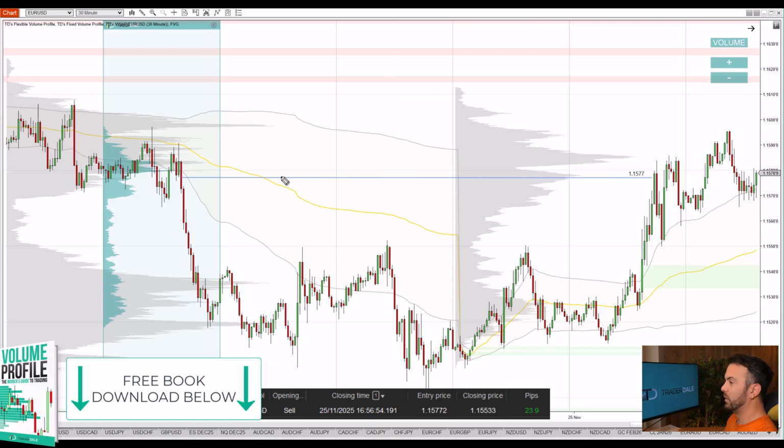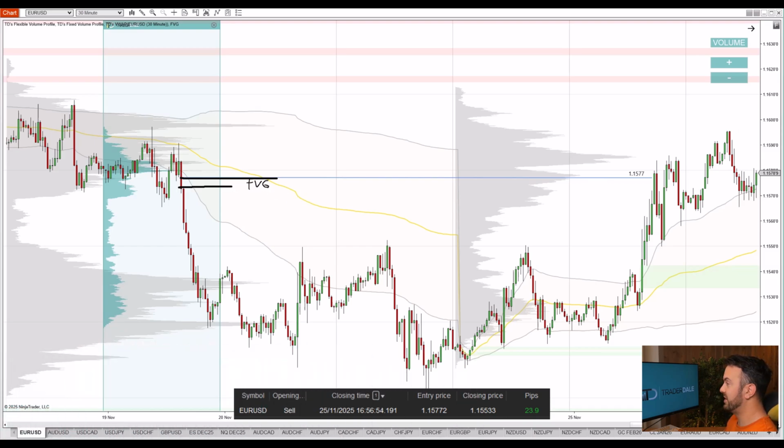Another thing was that there was a fair value gap, a small fair value gap in here. Fair value gap, that's a concept from smart money trading, and in a short trade scenario I like to trade from the beginning of the fair value gap, which was right here, exactly at our level, 1577. Right, then we had also another fair value gap.